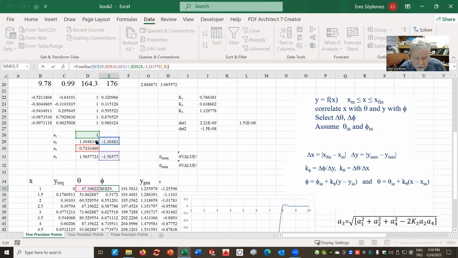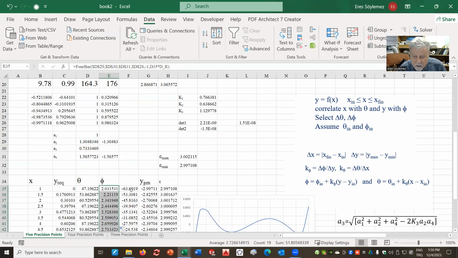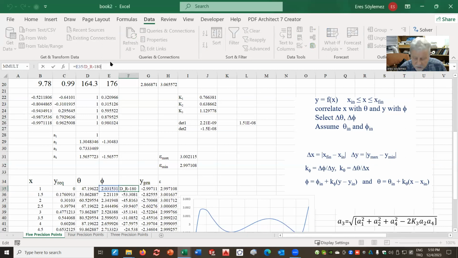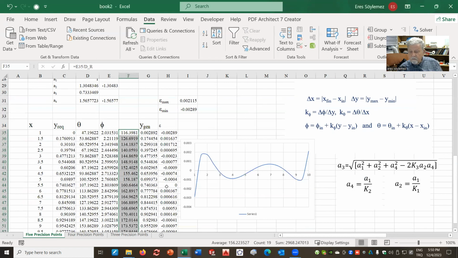Move these. Eliminate 180 degrees. Voila.